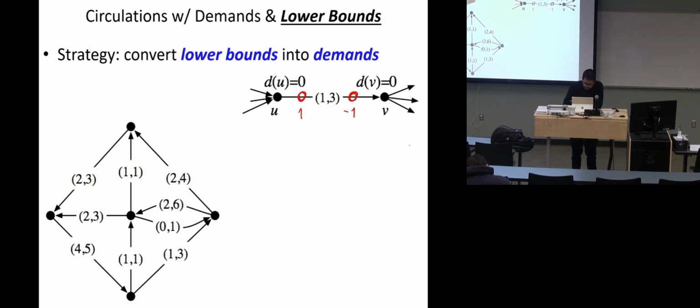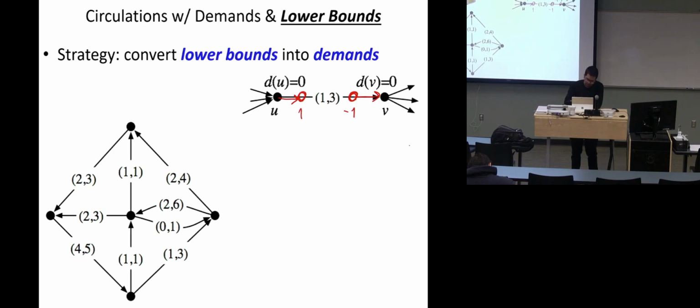Then you know that some flow must come here and some flow must go here. If you can satisfy the demand on these nodes, all you need to do is send flow between them, and that will be the flow on this edge.